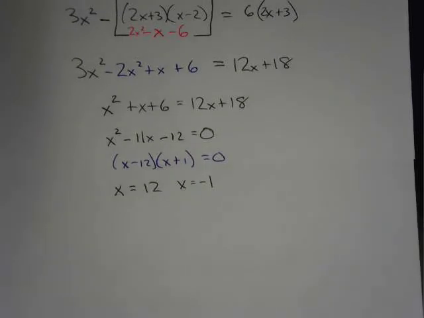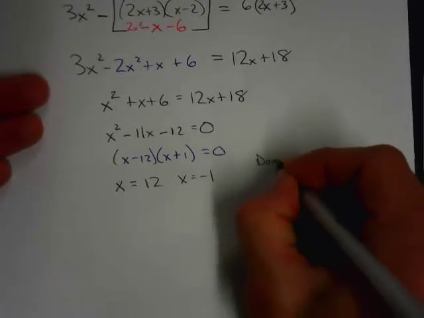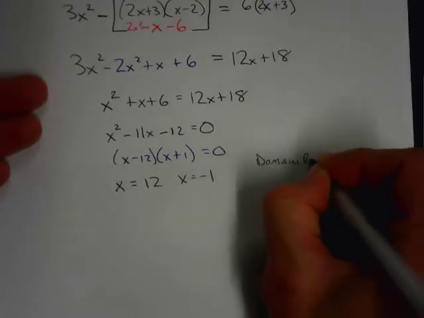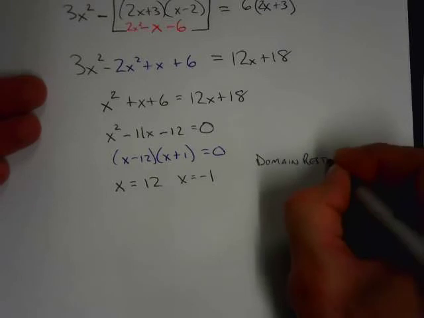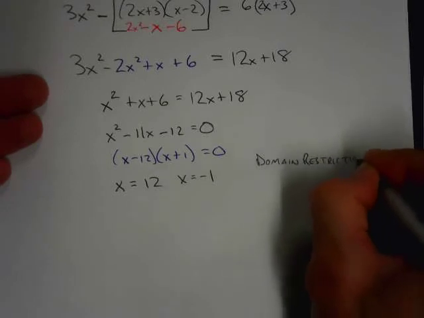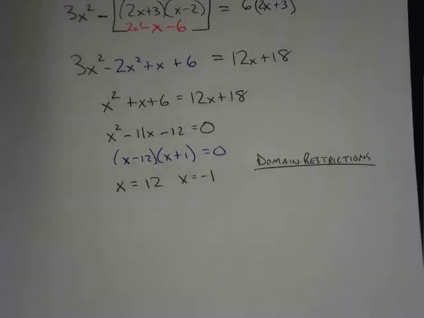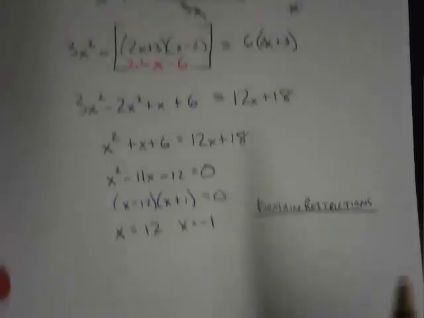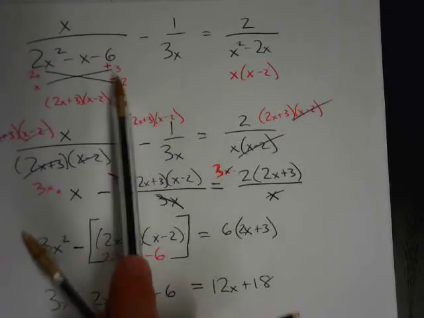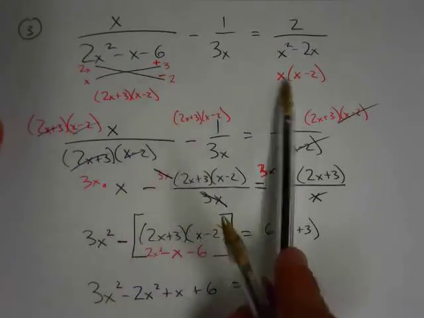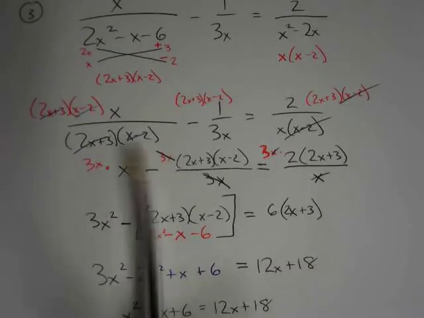Okay, but before we go crazy, what are the domain restrictions? So we're going to look at every fraction and see if we can look for domain restrictions. Okay, so we start at the very beginning. It's hard to see what the domain restrictions are from the original thing, which is why we factored.